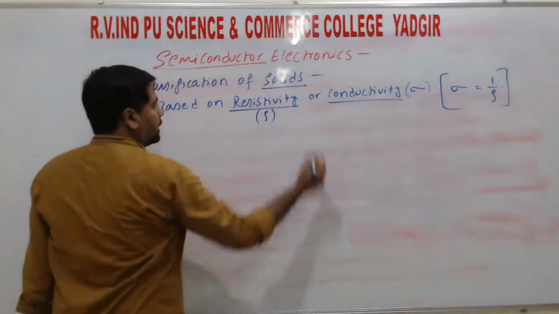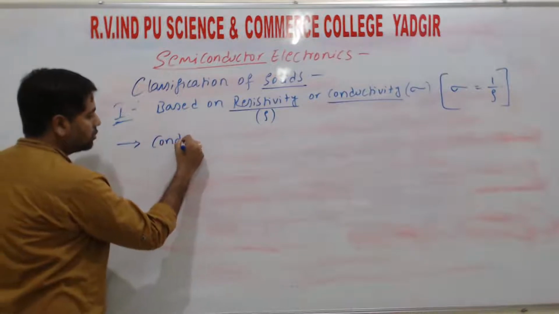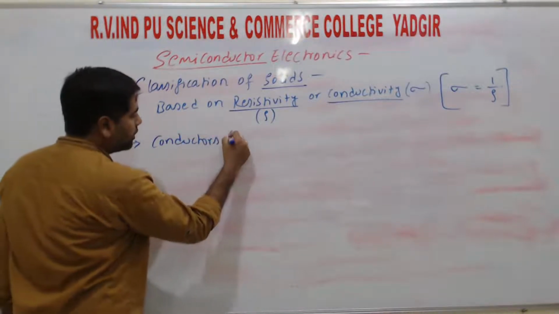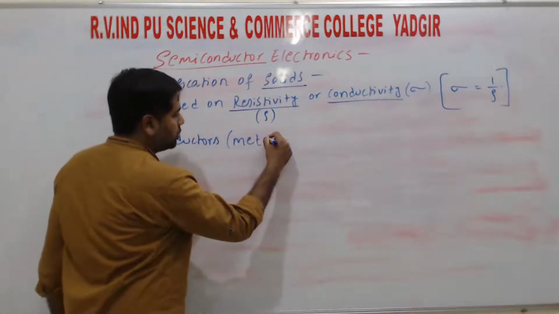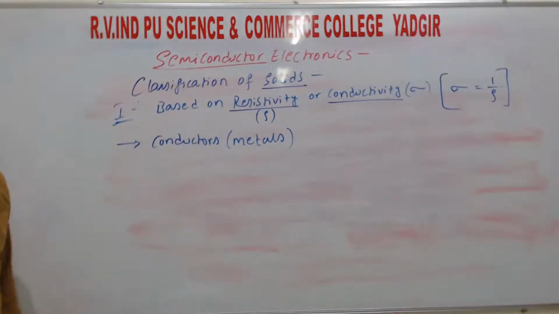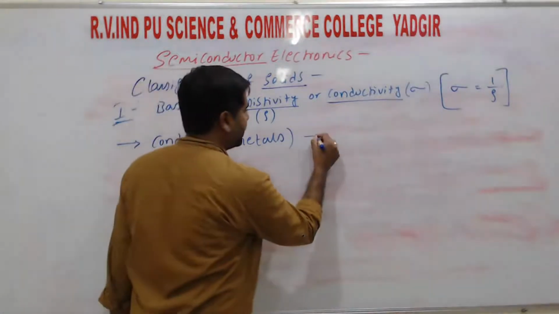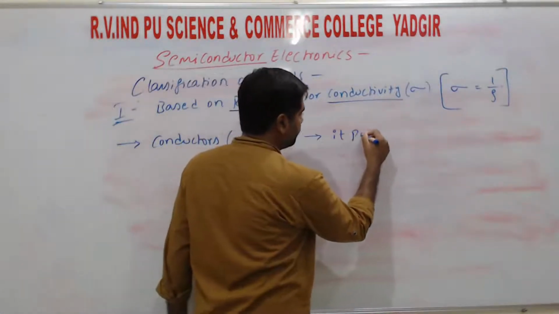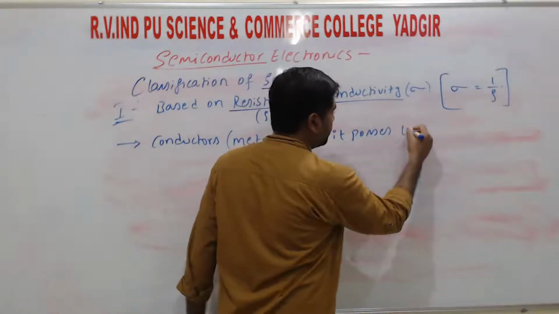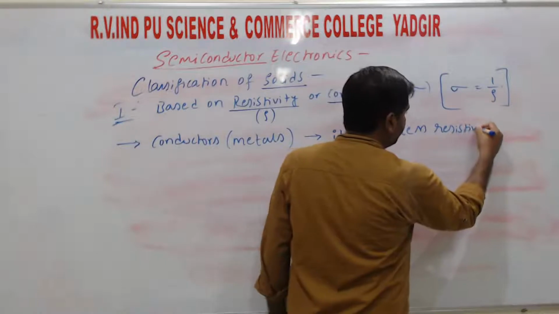In solids, the first classification is conductors, or metals. Based on resistivity, they possess less resistivity.